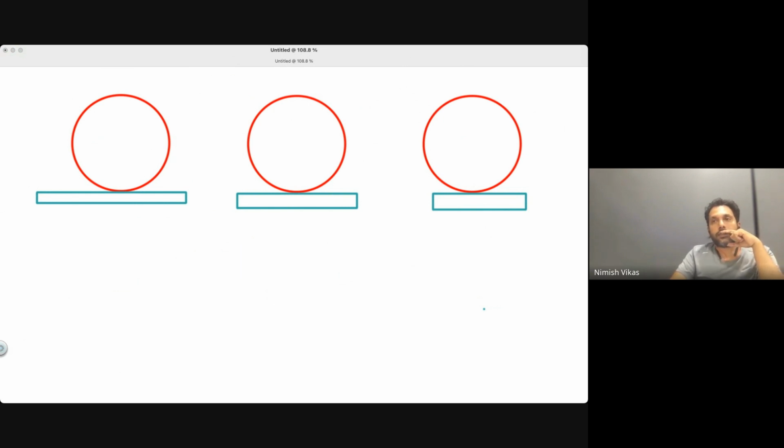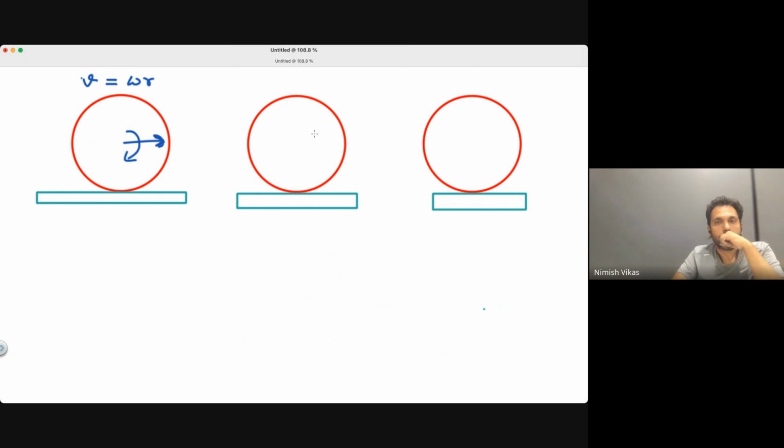So based on this premise, I'm giving you three situations. One: there was a certain omega, and I threw the ball forward also with a certain v, such that the velocity was exactly equal to omega r.